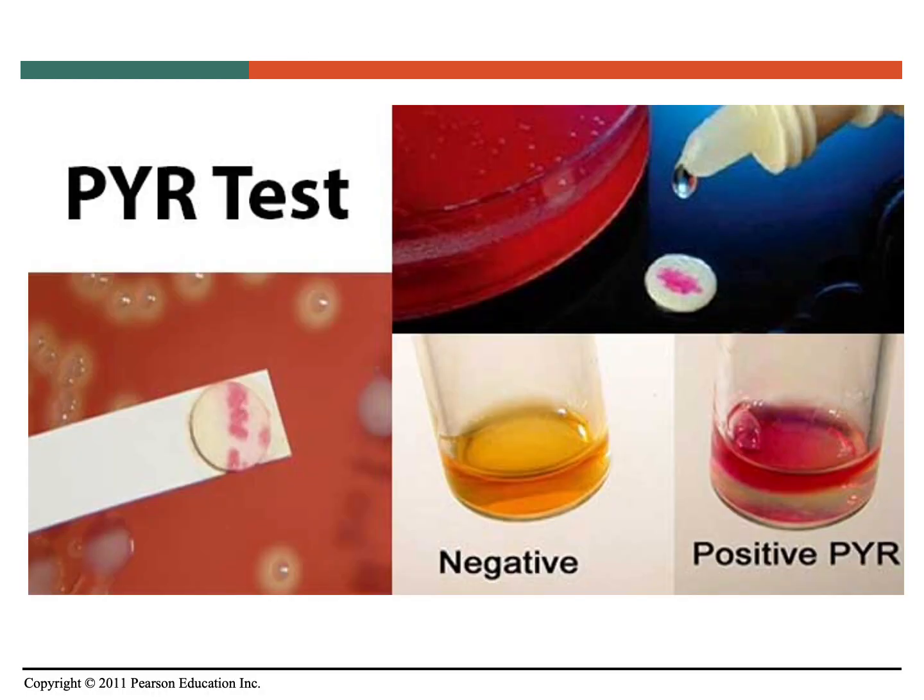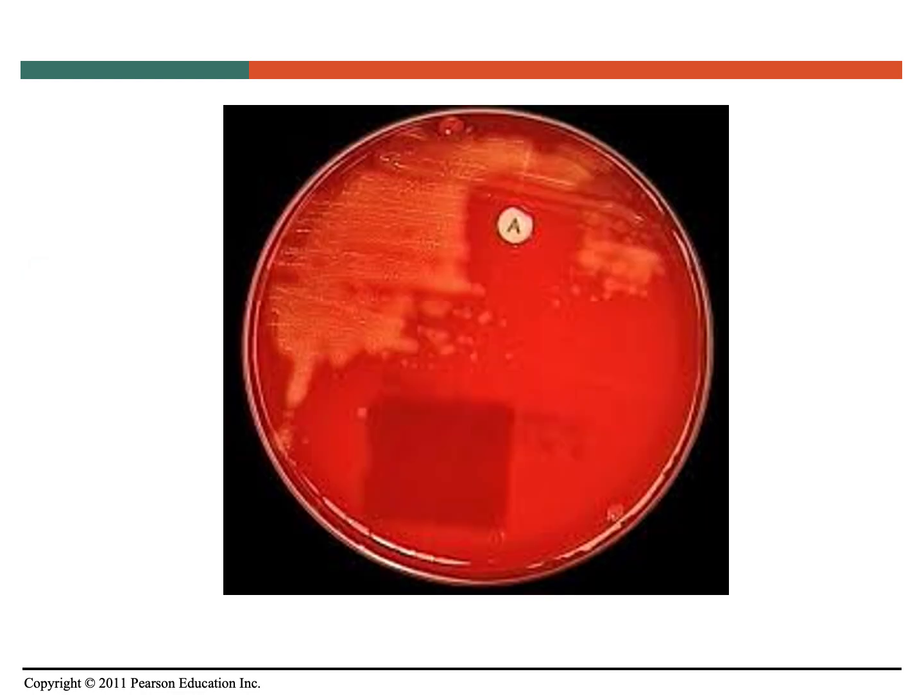So this is your PYR. See the color formation after the addition of the reagent. Positive is cherry red in color. And this is your bacitracin test. Any zone of inhibition possessed there indicates that it is susceptible, meaning that it is your group A Streptococcus.